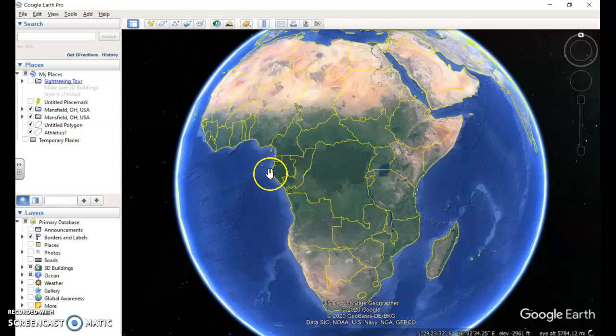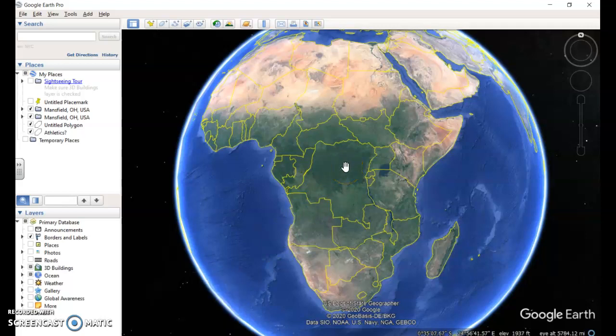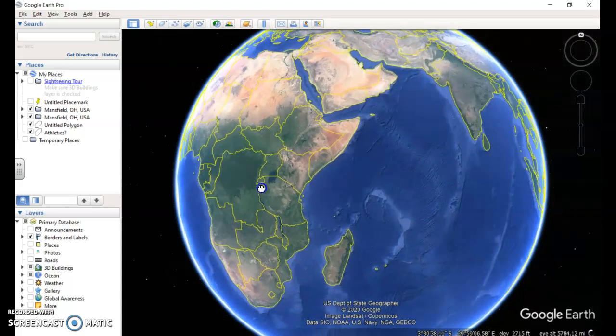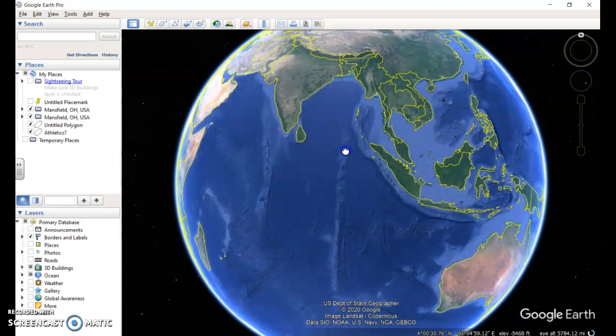So where is our forest most dense? If you look at your biomes map, you'll see that all the tropical rainforests occur right at the equator.